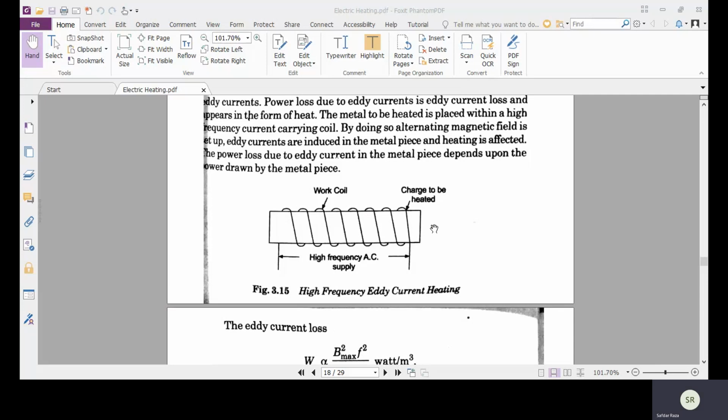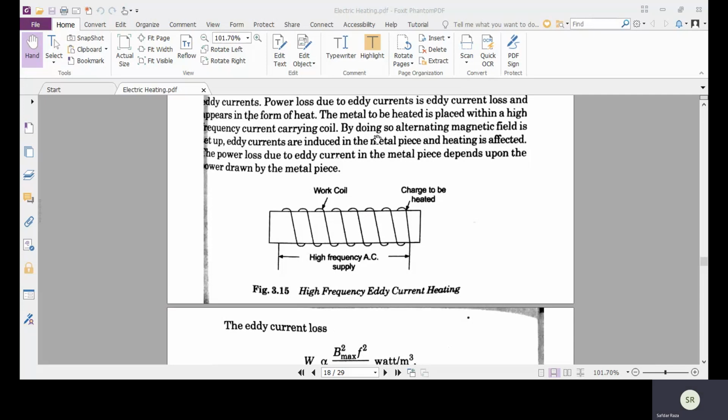We have just put the material, which is to be heated, within this coil. And the heat is transferred from the high frequency coil to the charge, to the material, with the help of eddy currents. By doing so, an alternating magnetic field is set up. Eddy currents are induced in the metal piece and heating is effected.